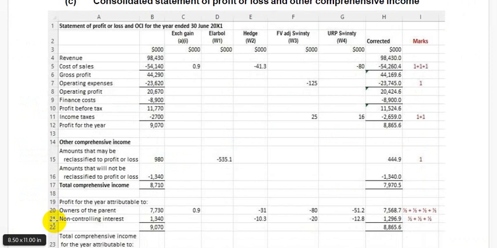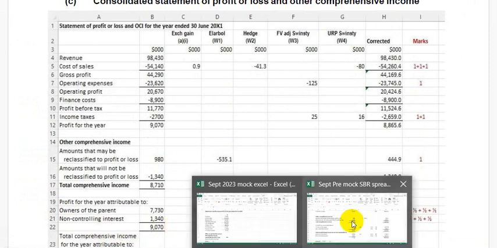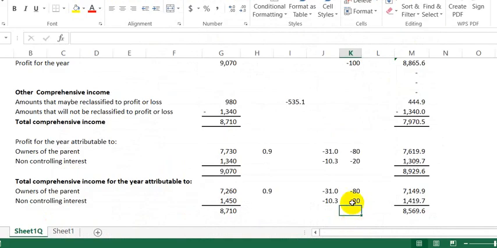Oh, we didn't take out the tax on the unrealized profits. We need to take out tax on the unrealized profits.